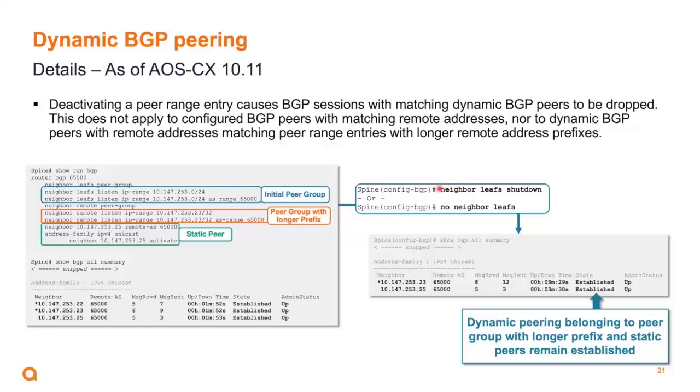If we shut down the initial peer group, or if we remove it from the configuration, only the peer which matches this initial peer group has been dropped. So you can see here that all the other peerings remain in the system as established. The only peering which has been dropped is the one matching the initial peer group.